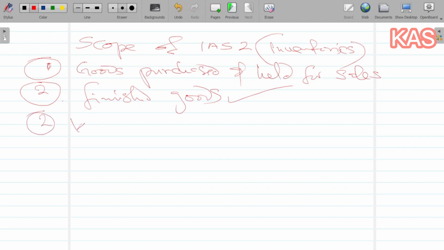We have work in progress. Work in progress is the raw materials you are trying to convert to finished goods. They are also covered under IAS 2. This is the third one. Then the fourth one, we have raw materials. This one is also covered under IAS 2. And so these are the things that IAS 2 covers.